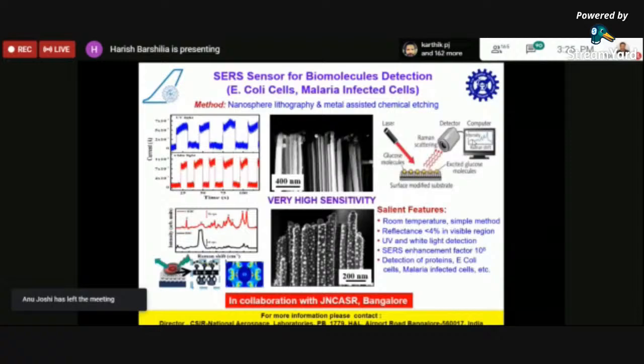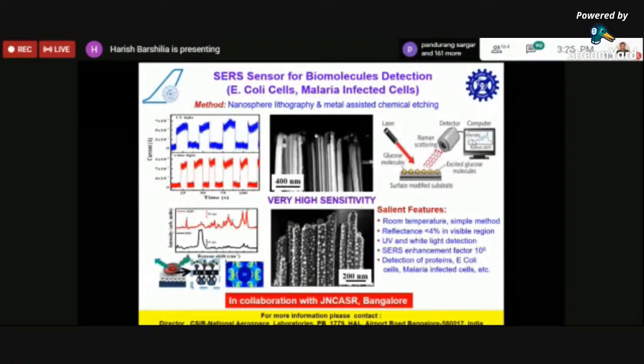Nowadays people are talking about detection of the COVID virus. Similarly, we have to detect various other kinds of bacteria, such as E. coli, or malaria-infected cells. So people are trying to use a combination of metal nanoparticles and nanowires, silicon nanowires in this particular case.